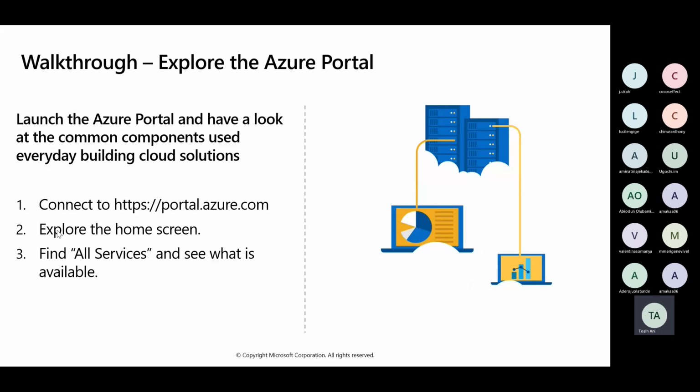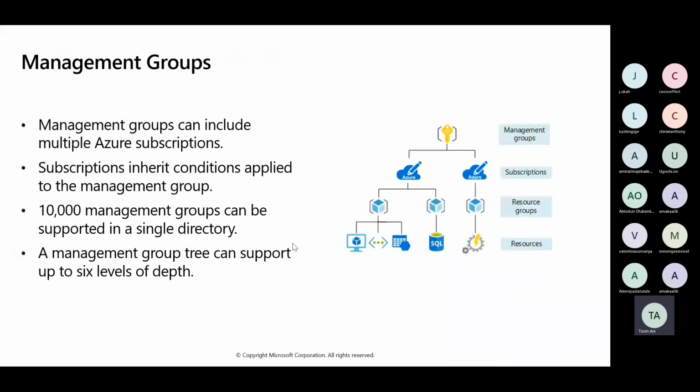So we're able to connect to this portal. We're able to explore the home screen, which I showed us, and we're able to find all services to see all the different services based on categories that are available. So we have successfully done that. I don't know if we have any questions, please, before I move on to the next slide to talk about management group. Any question?